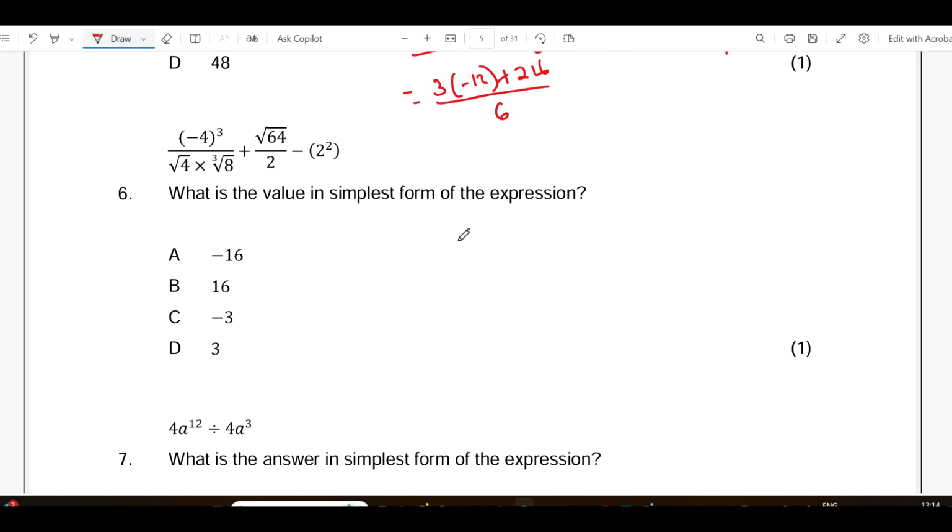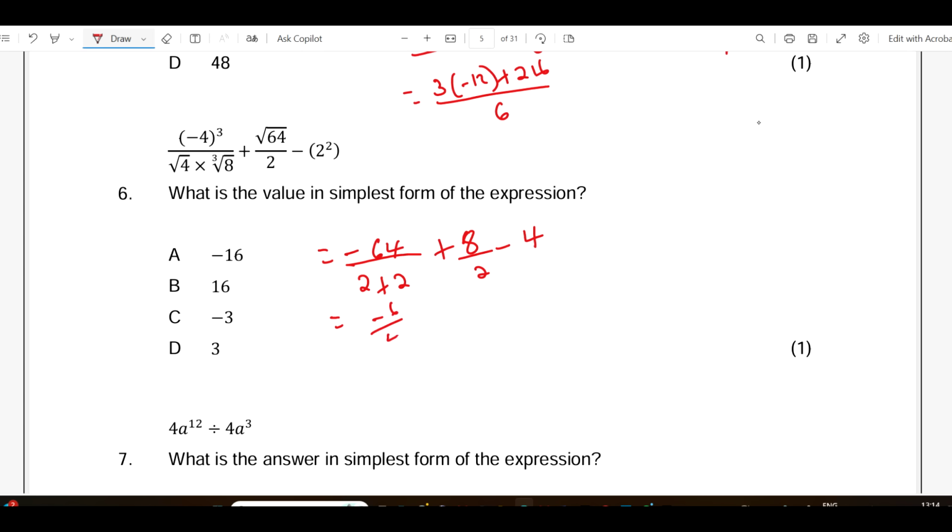What is the value in simplest form of the expression? Let's calculate. Negative 4 to the exponent of 3 is going to be negative 64, divided by the square root of 4 which is 2, plus the cube root of 8 which is 2 as well, plus the root of 64 which is 8, divided by 2, minus 2 to the exponent of 2 which is 4.